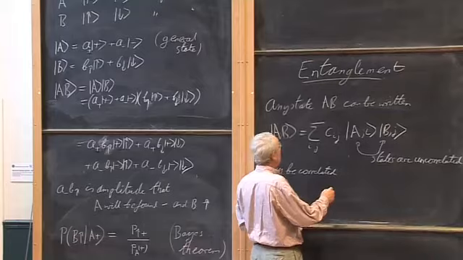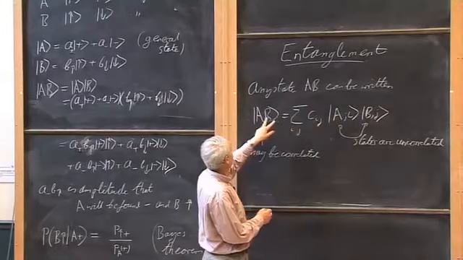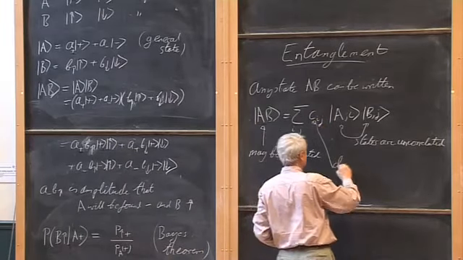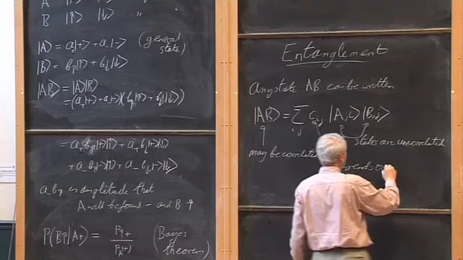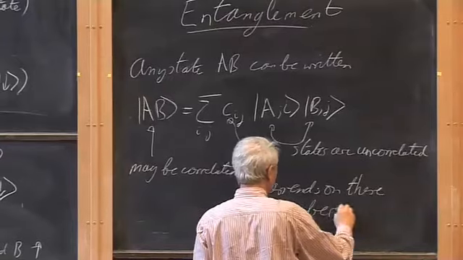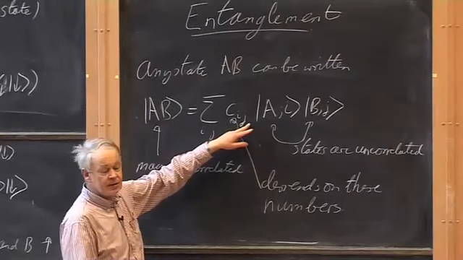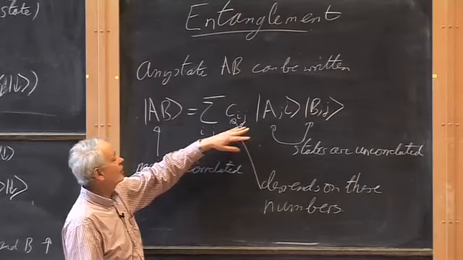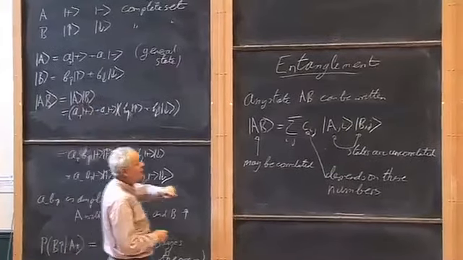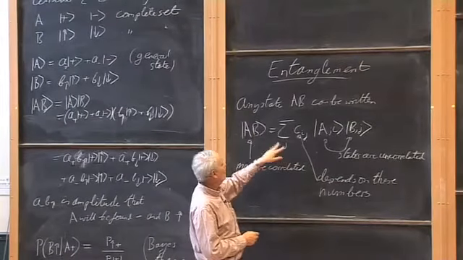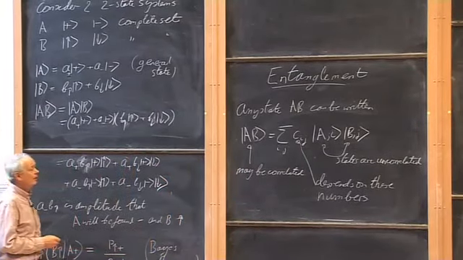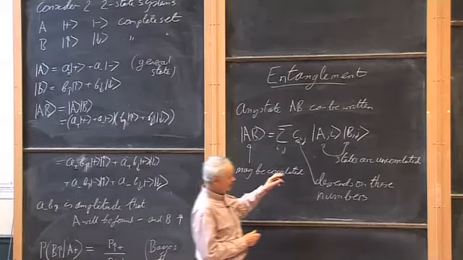So whether this thing can be written as a product of two separate states depends on these numbers. Now, we haven't got time to go into what property of these numbers ensures that you can do a decomposition like this into uncorrelated states, which makes this state uncorrelated. And when they are correlated, you can find a complete account of it in the book, and there are problems investigating this.